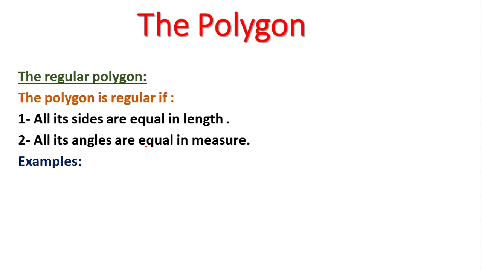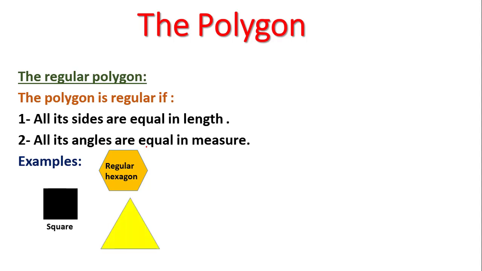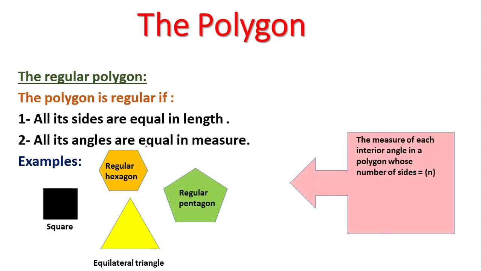For example, here a regular hexagon, here a square, this is a regular quadrilateral, and an equilateral triangle is a regular triangle, and here we have a regular pentagon. In this case only we can calculate the measure of each interior angle, not only the summation, because all the angles are equal in measure.